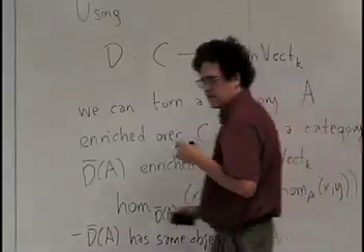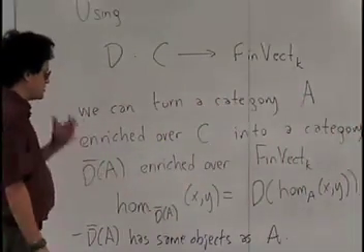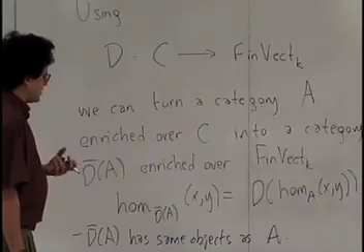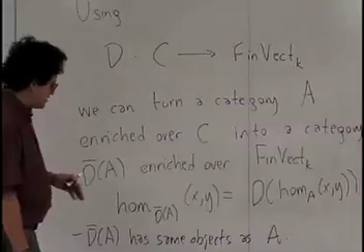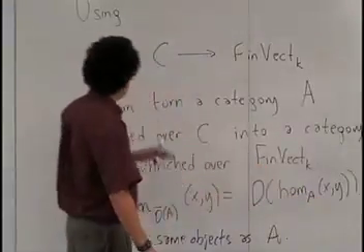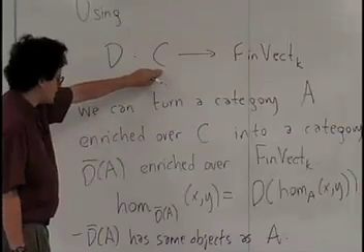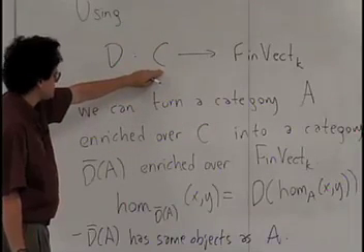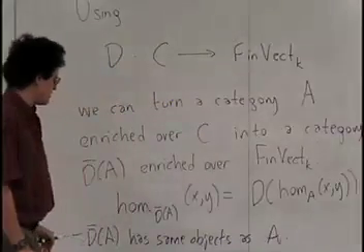And the reason why I'm saying Hom thingies instead of what you might normally expect as Hom sets is because A was a category enriched over C, so the Hom thingies were objects in C, i.e. groupoids. And then we're turning them into vector spaces over here.